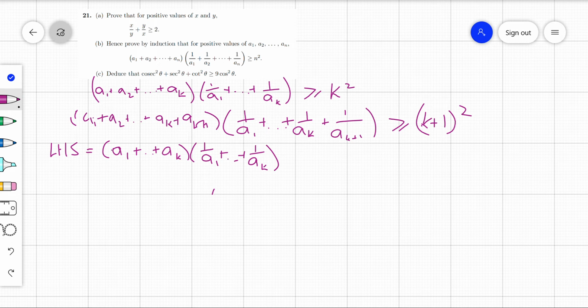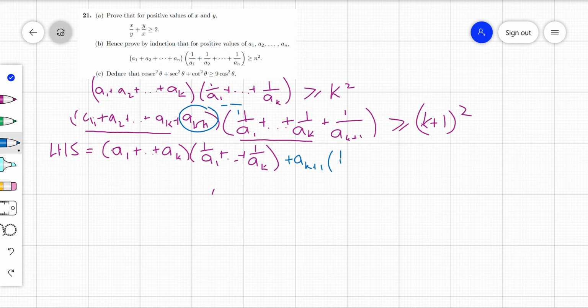So what's missing if we do that? So we've done that bit times that bit. So we still have our a k plus 1 in this bit, a k plus 1 outside of all this stuff.